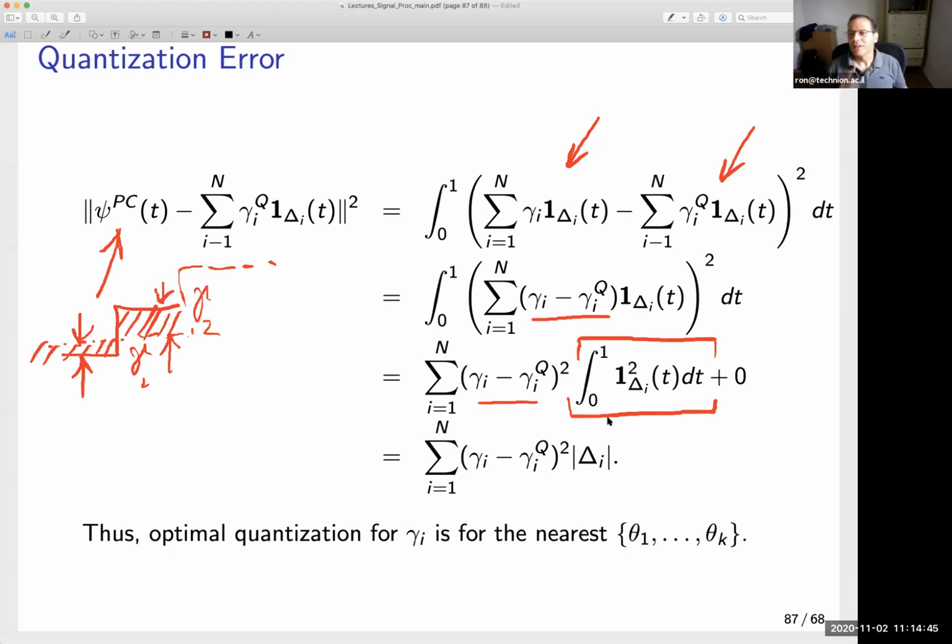Yeah, sorry. Are we assuming that the intervals on the x-axis are matching the intervals on the y-axis? So we are assuming that somebody gave us the split on the x-axis, okay? And now we are just dealing with the following problem. Somebody is giving me the piecewise constant best approximation of my signal, okay?